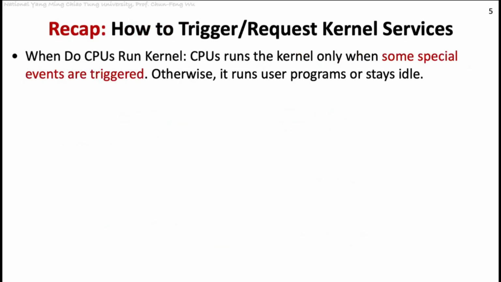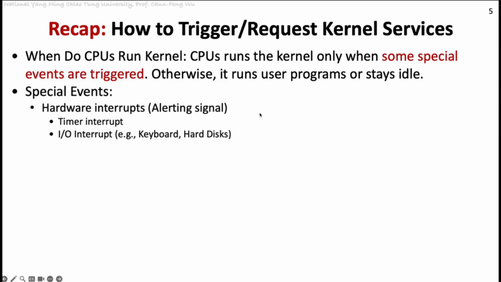So here are more details about how to trigger and request kernel service. When does the CPU run the kernel? The CPU runs the kernel only when some special events are triggered. We classify them into hardware events and software events. For the hardware events, there are timer interrupts.